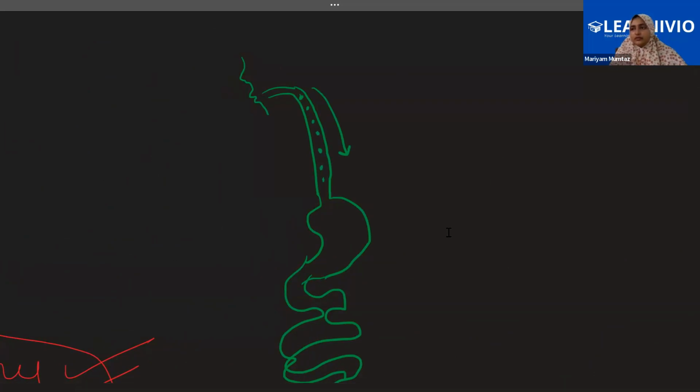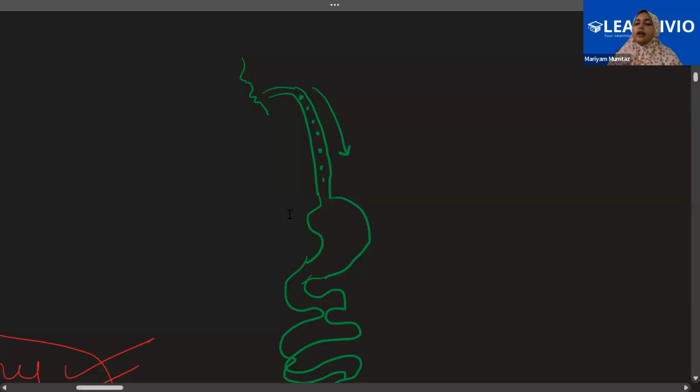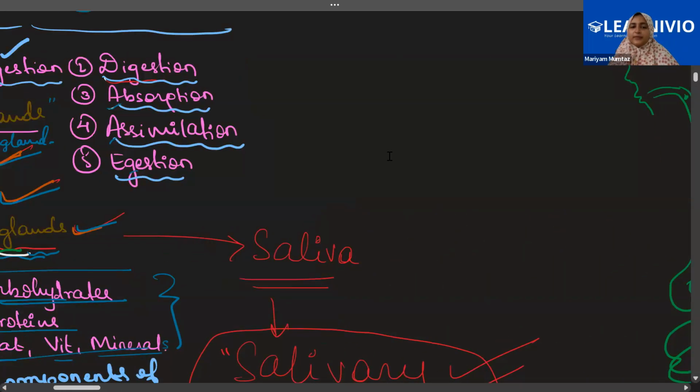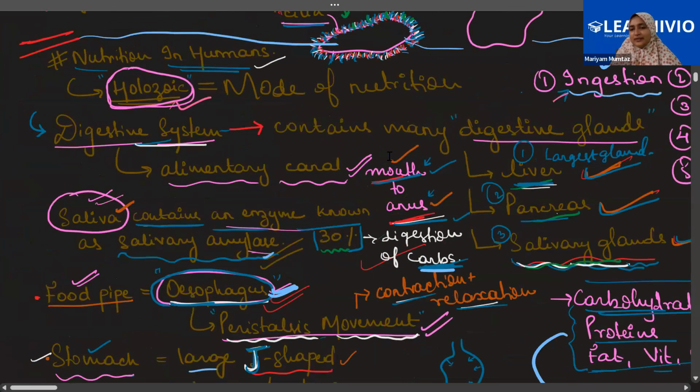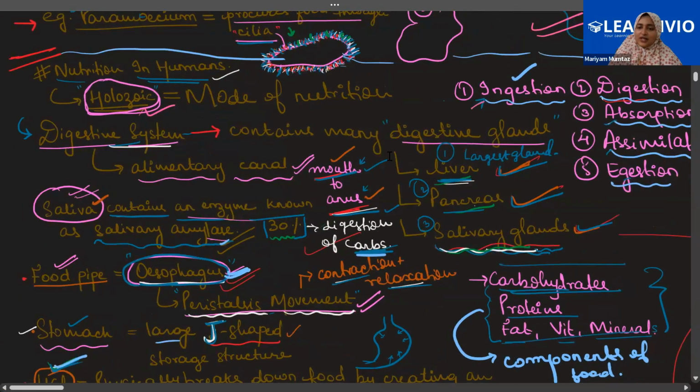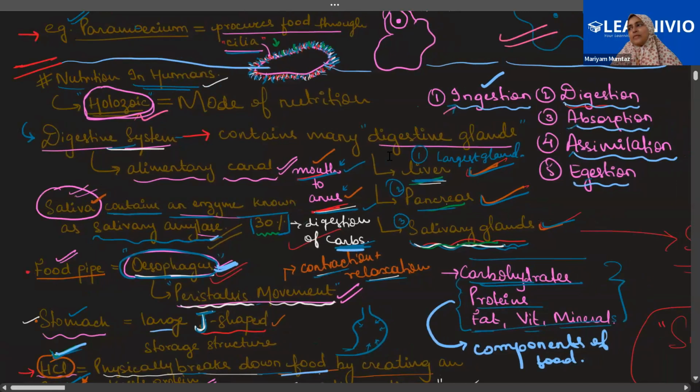Peristalsis movement or peristalsis? What is it? It is the contraction and relaxation of the esophagus so that the food is pushed down. Okay. Now I know how much you remember from this chapter. Okay.